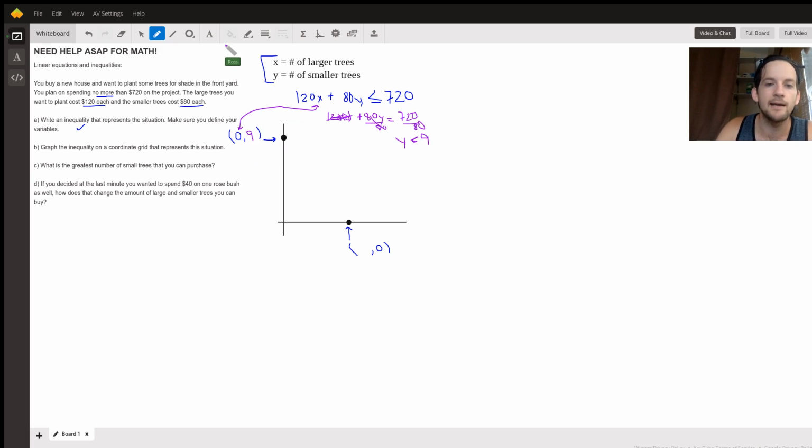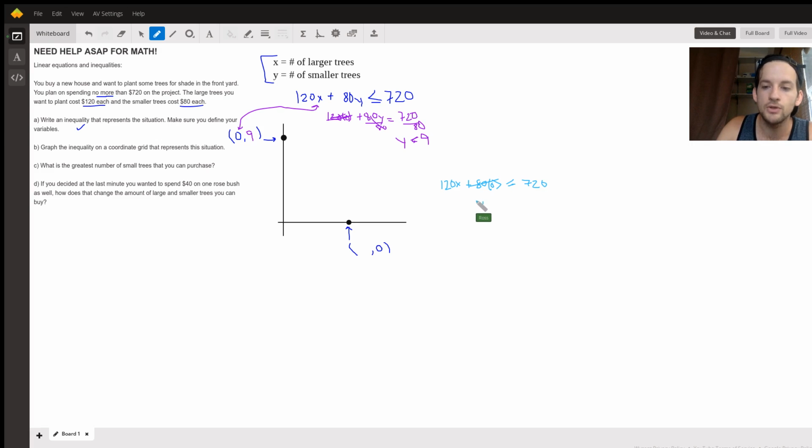And then we're going to do the exact same thing for the x-intercept, except now we're going to plug 0 in for y. So I'm going to have 120x. X is back to a variable because I don't know what that is right here. And then I'm going to plug in the 0 for y, so plus 80 times 0. So now that's going to go away. And then still, oop, I did it again. Since we're dealing with an intercept, we just want that to be equal to 720.